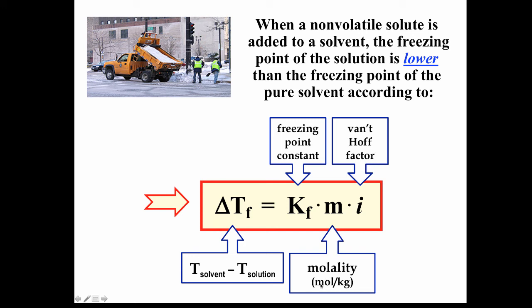But if we have an ionic compound, such as sodium chloride, when it dissolves, it makes an Na plus and a Cl minus, so it makes 2 particles, 2 ions for each NaCl unit. And so the Van't Hoff factor here would be 2 because of the dissociation of NaCl into 2 particles.